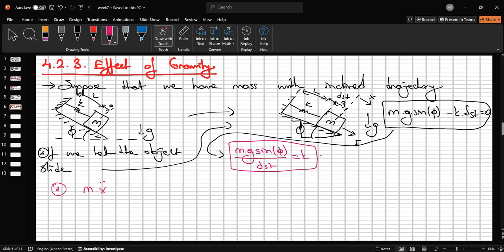So this is equal to minus k times (x plus delta st), because if we push this force just like this one, the k force must always be in the reverse direction. This must be equal to minus, but our force m times g times sin phi must be in the right direction, because we have the F in this direction, right?